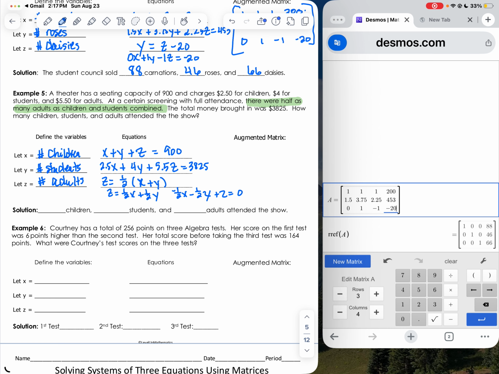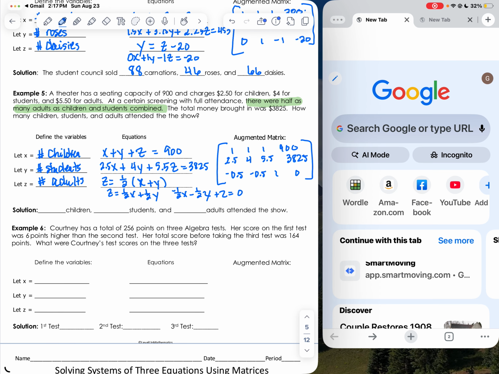All right, now we're ready to make our augmented matrix. 1, 1, 1, 900. 2.5, 4, 5.5, 3,825. Now, for this negative 1/2, I'm going to put negative 0.5, negative 0.5, 1, and 0.